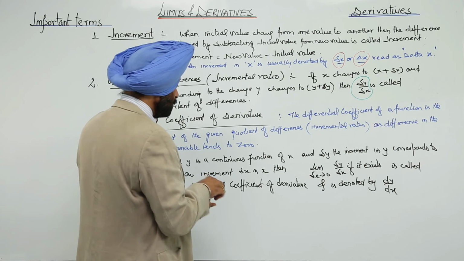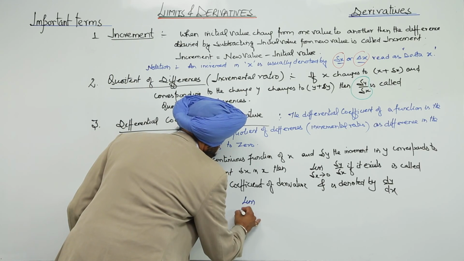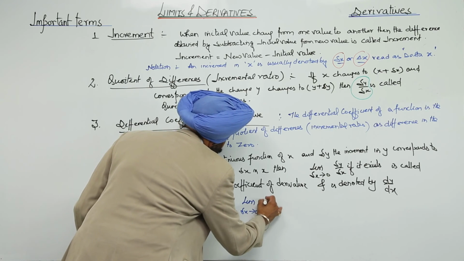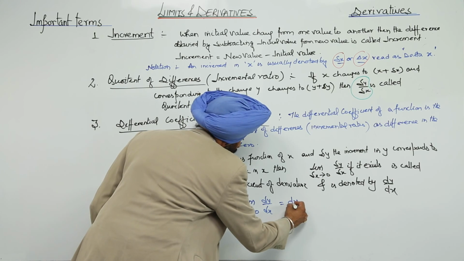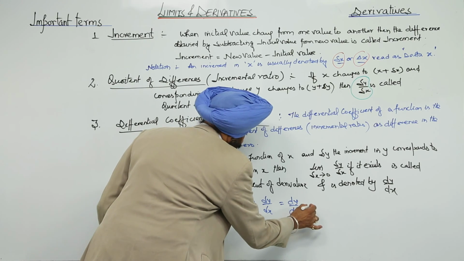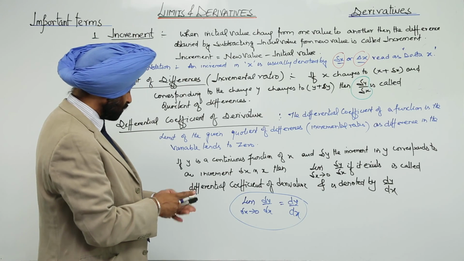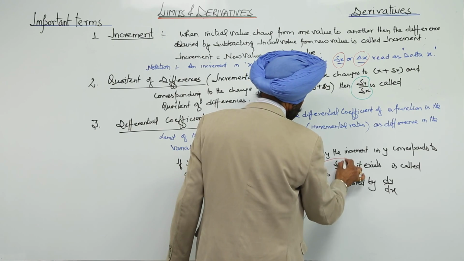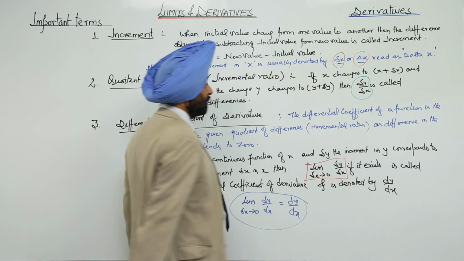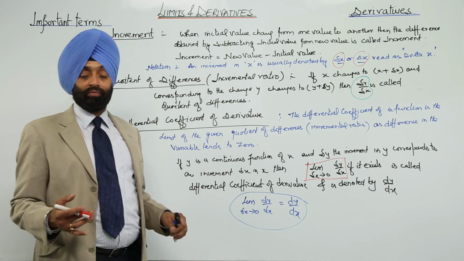It is the limit as delta x approaches 0 of delta y by delta x, which is called dy by dx. A very, very important result. Okay. So, here in this part what have we gone through? We have gone through this part, a new thing for you. Okay. So, these are the three definitions which will be very helpful.